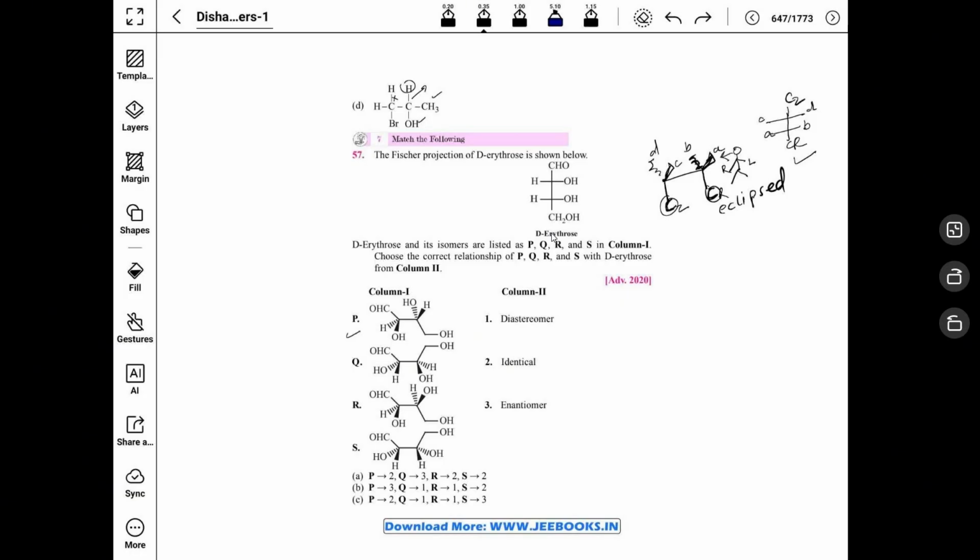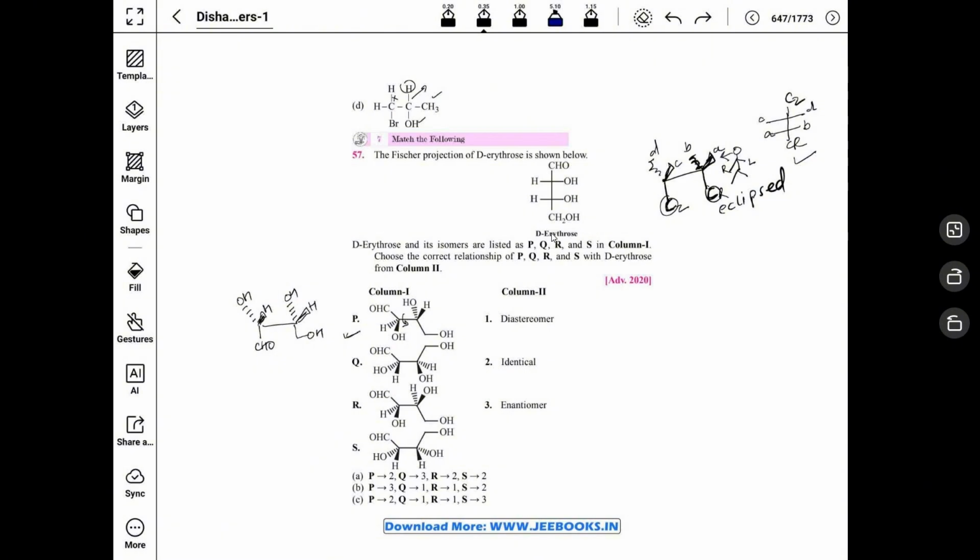So now let's convert this wedge projection to the Fischer projection. First we will rotate around this carbon to bring this aldehyde to the eclipsed position. After rotating this aldehyde 180 degrees, the hydroxy goes away and hydrogen comes towards your side, and this remains the same as it is, and this is CH2OH.